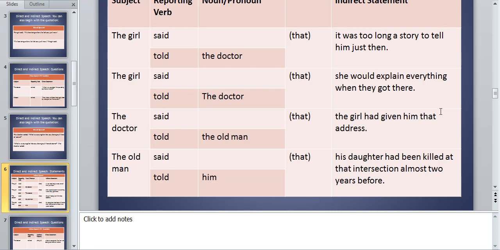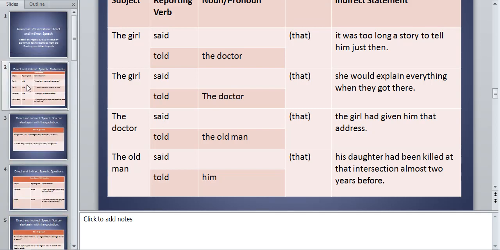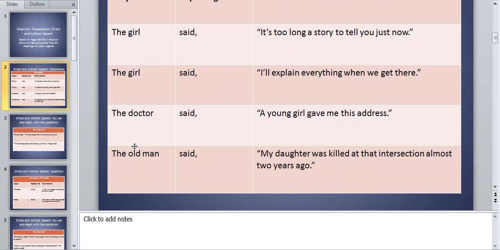Okay, and the same kind of thing happens. He said his daughter was killed almost 2 years ago. Why don't we go back and look at it? The old man said, my daughter was killed at that intersection almost 2 years ago.